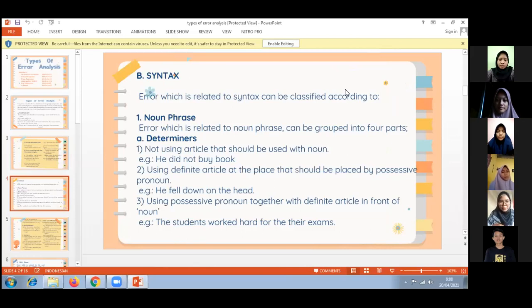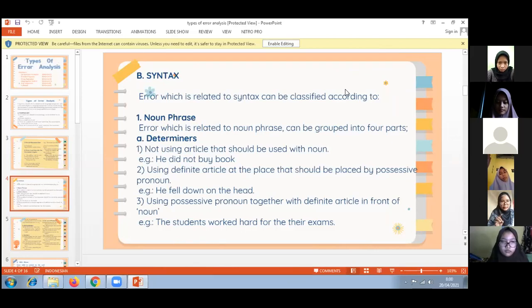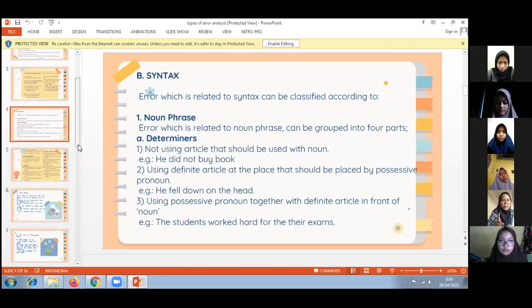Okay, thank you, Mayang, for your explanations. Next is syntax. Errors related to syntax can be classified according to, first, noun phrase. Errors related to noun phrase can be grouped into 4 parts. First is determiners. First is not using an article that should be used with a noun.